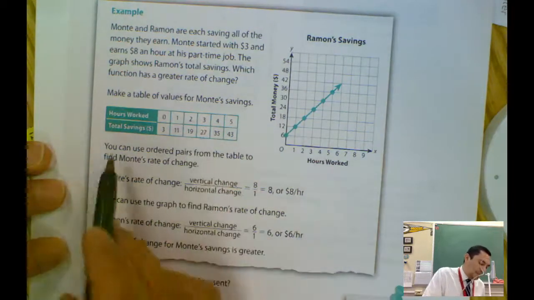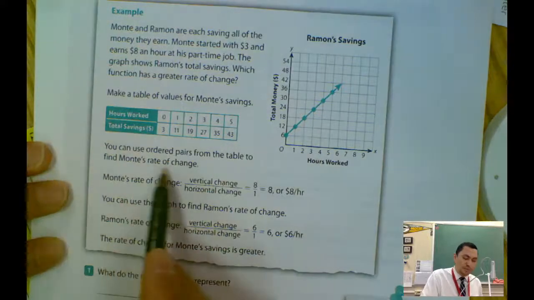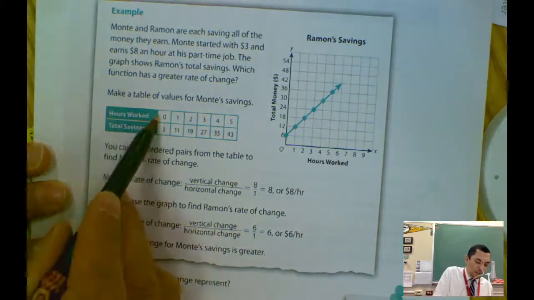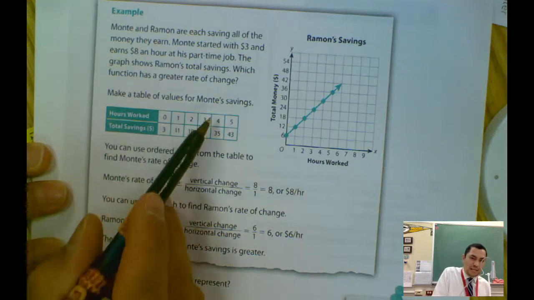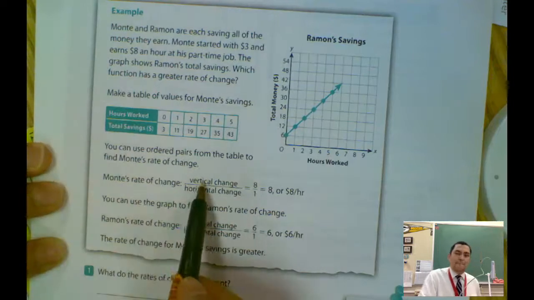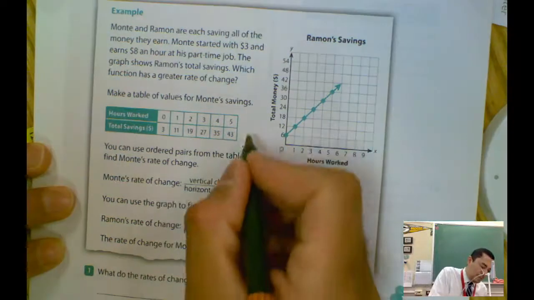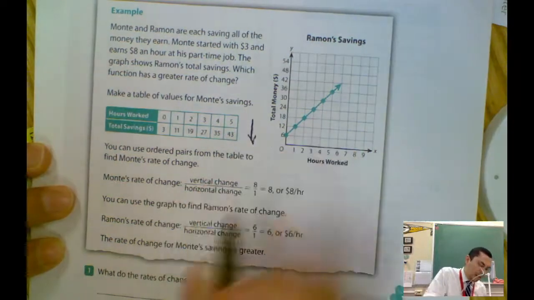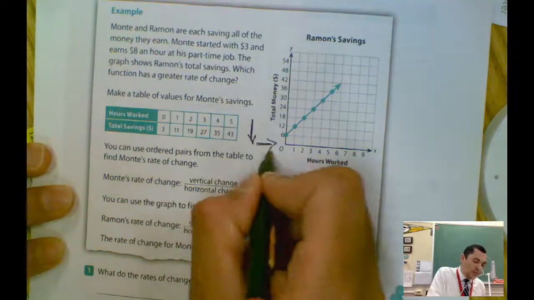Okay. So then you can use the ordered pairs from the table to find Monty's rate of change. So look at this one. You have (0, 3), (1, 11), (2, 19), (3, 27). So Monty's rate of change is the vertical change over the horizontal change.